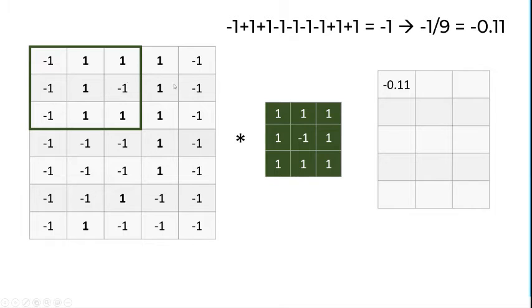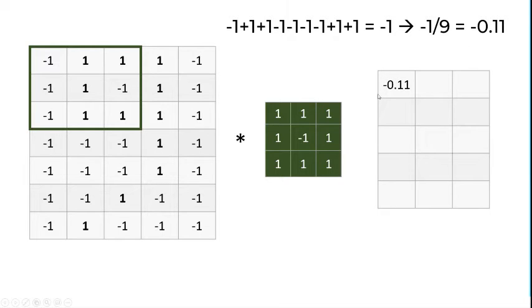So this -1 is multiplied with this, one is multiplied with this one, and so on. In the end you get a result, and then you find the average, which is divided by 9 because there are total 9 numbers. And whatever number you get, you put it here.